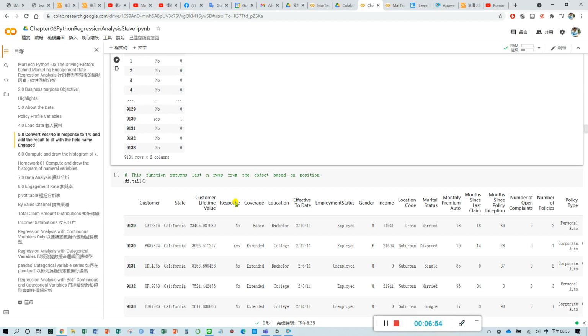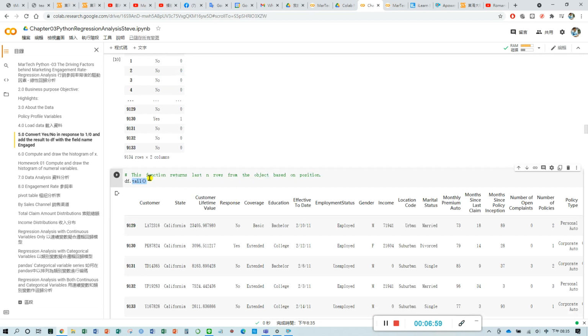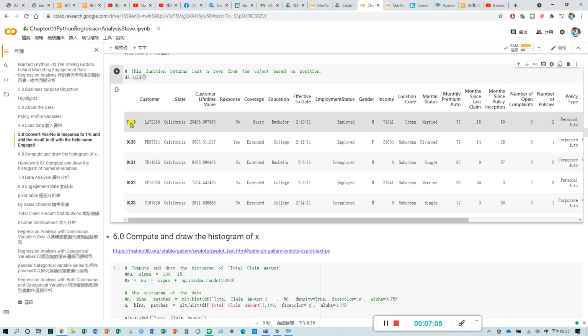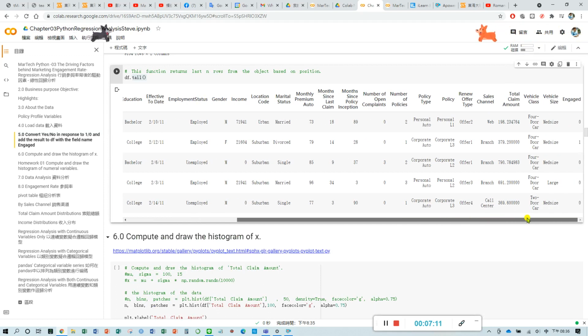Also we can show the tail, the last 5 observations of the data set. So you may see here, engaged.